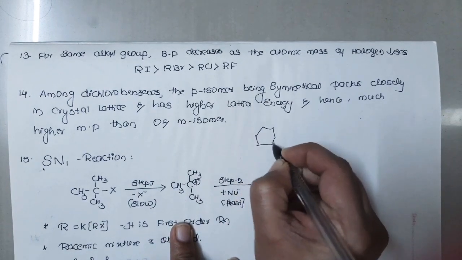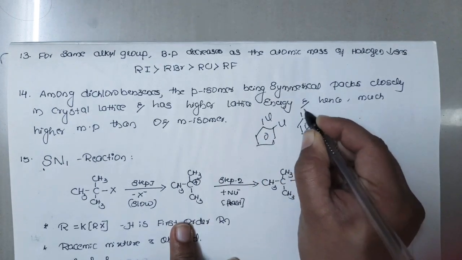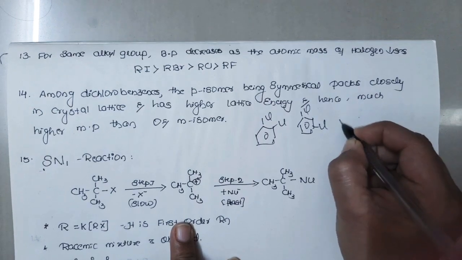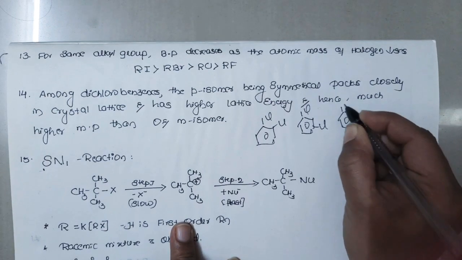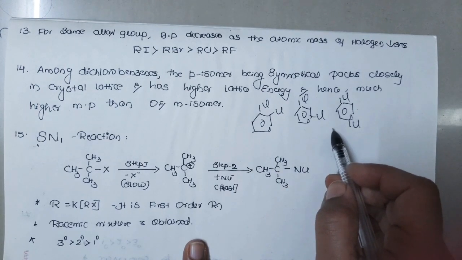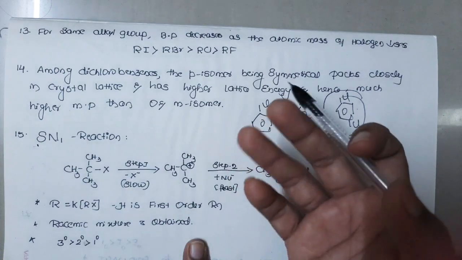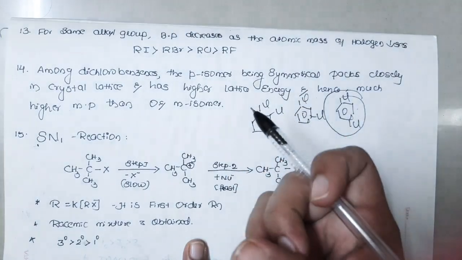Like this: ortho, meta, para. Among all these three dichlorobenzenes, the para will have the higher melting point.